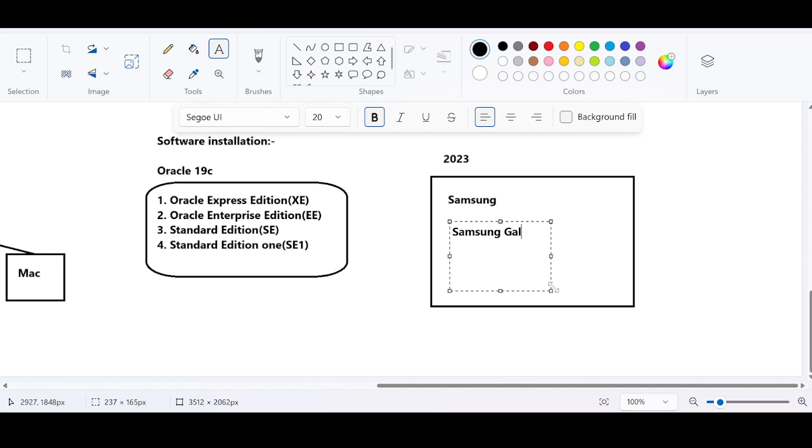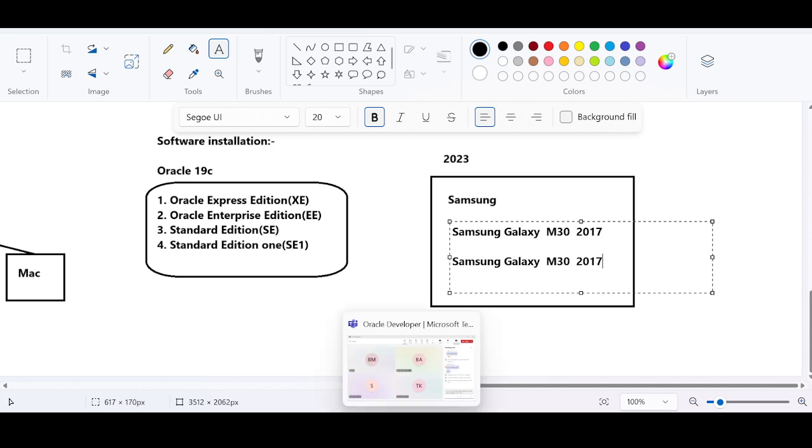My old model was Samsung Galaxy M30, purchased in 2017. I used this mobile for 3 years. Again I went to the Samsung showroom and asked him to give me the same kind of mobile. But he said, "Sir, we have that mobile, but the version has been increased."